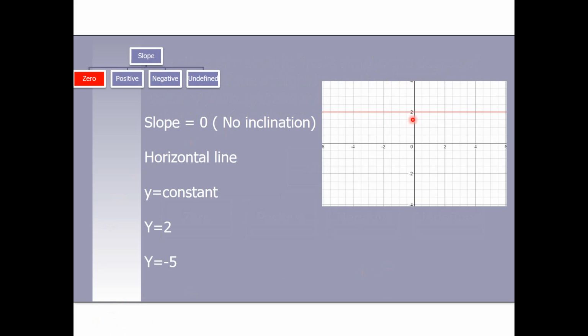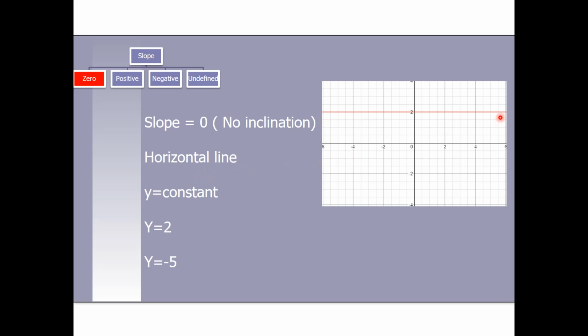So the slope will be 0 if the graph of the line is horizontal, like this red colored line. If this is the coordinate system and this red colored line is the horizontal line, then the slope equals 0. Slope equals 0 means no inclination between the line and the x-axis.